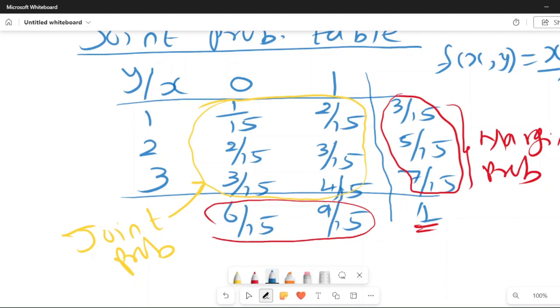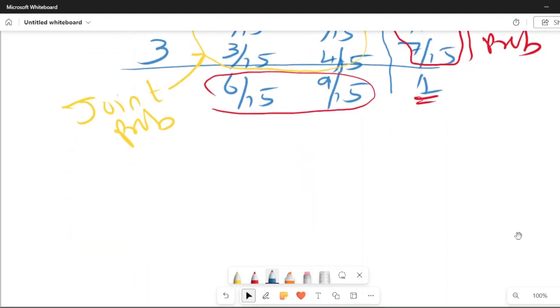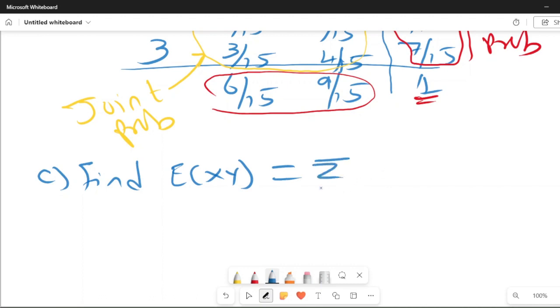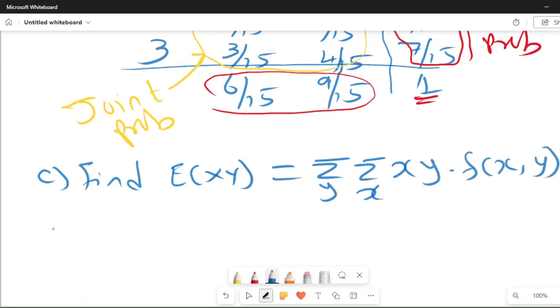The other thing you can do, looking at part C, is find the expected value of xy. By definition, for a joint distribution, you sum over y, you sum over x, xy times f of x, y.